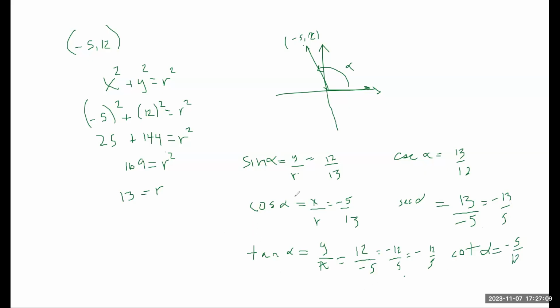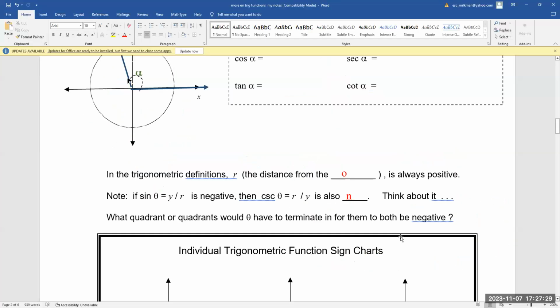It's still the sine is y over r, the cosine is x over r, and the tangent is y over x. And let me go back to my notes. In the trig definitions, remember, r is the distance from the origin.